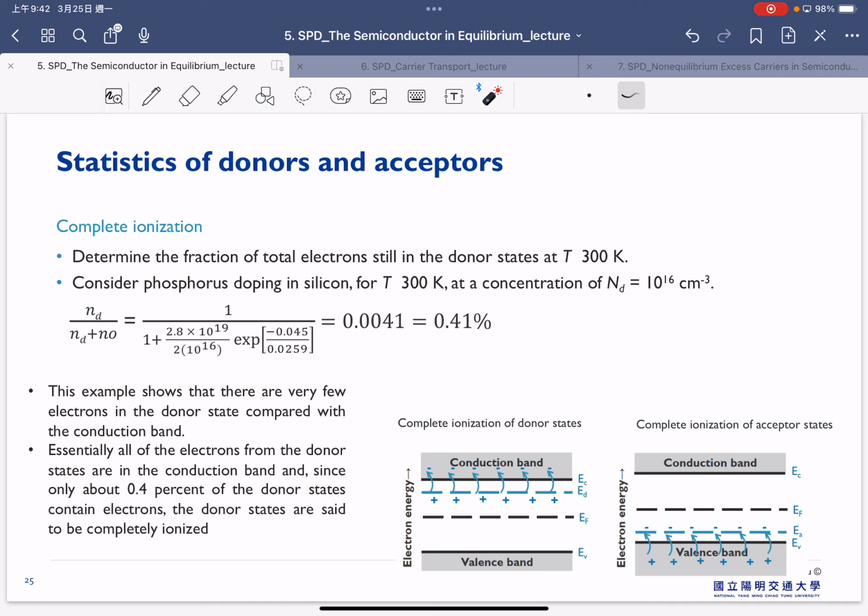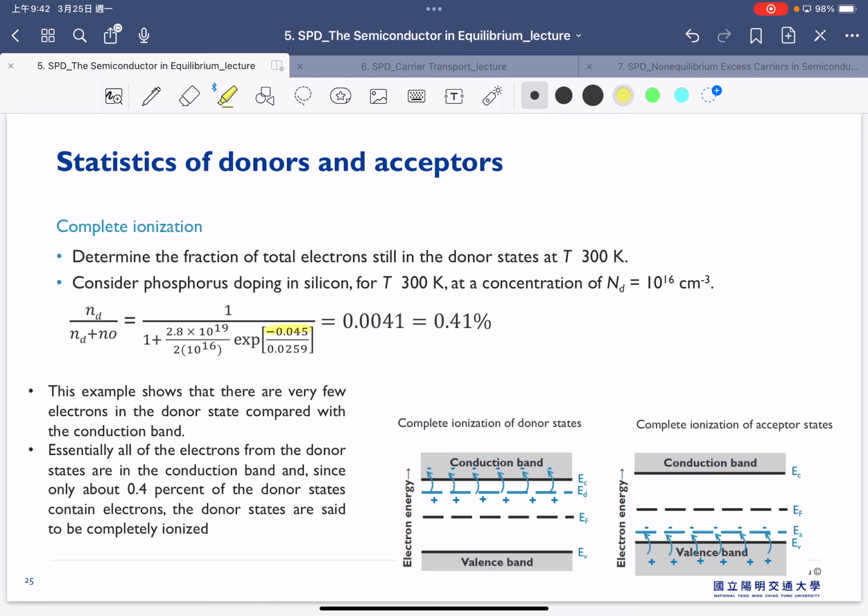Consider phosphorus dopant in silicon at T equal to 300 K at a concentration of this. Therefore, this is the concentration of electrons in the donor state over this term, and this is the ionization energy here.